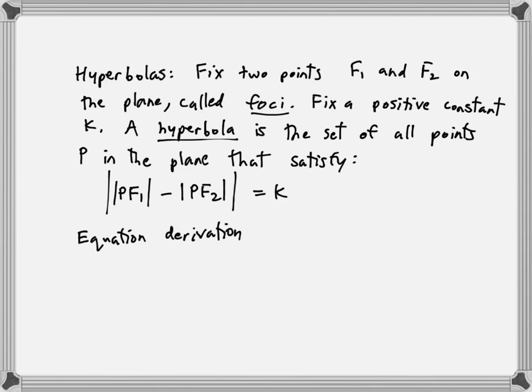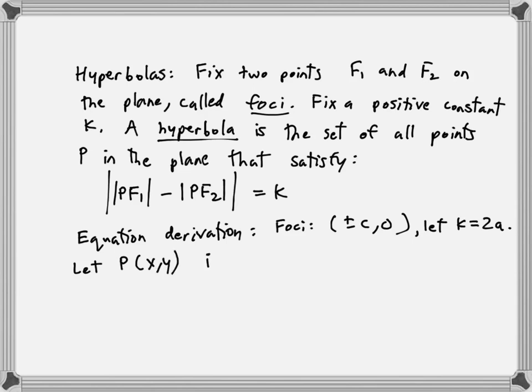So, equation derivation: we're going to say that the foci are the points plus or minus c, 0 again. And we're going to let k, the constant, be 2a again. And let's suppose that P, which has coordinates x, y, is a point on the hyperbola.